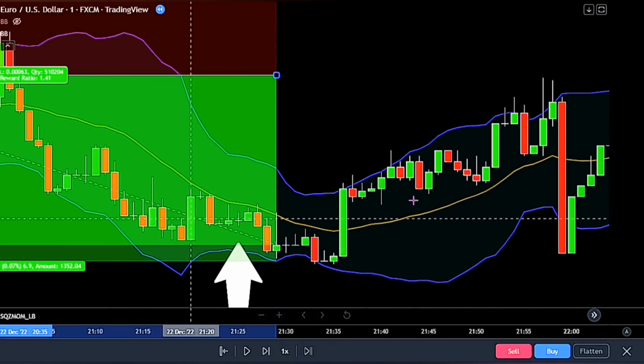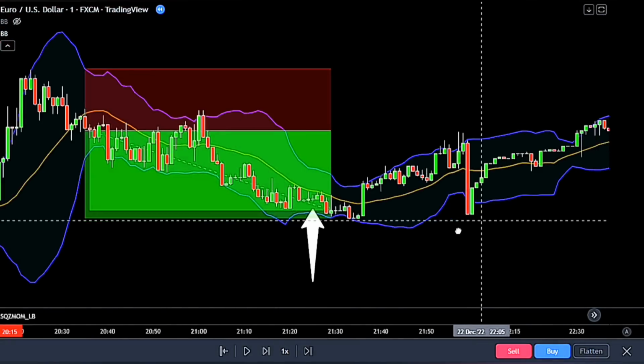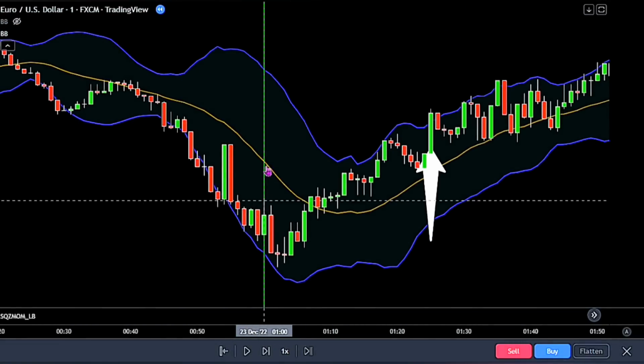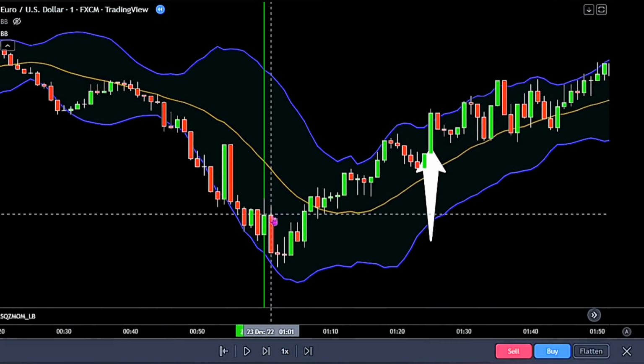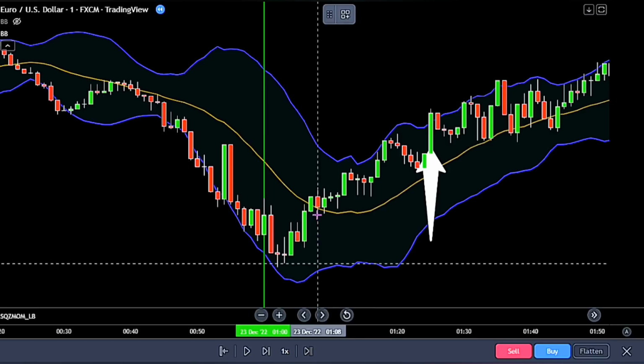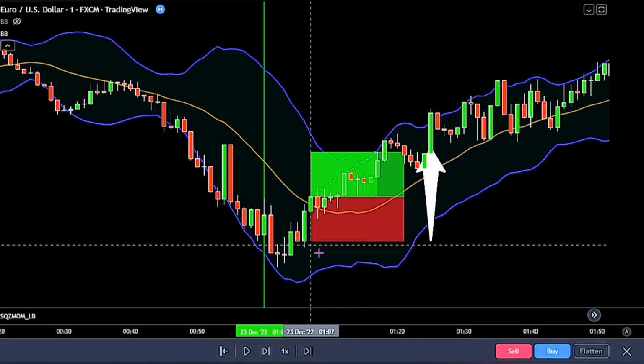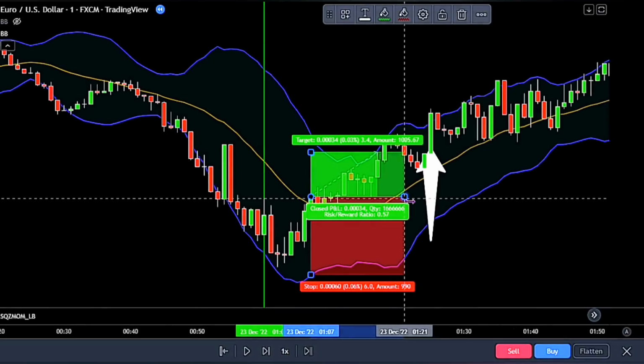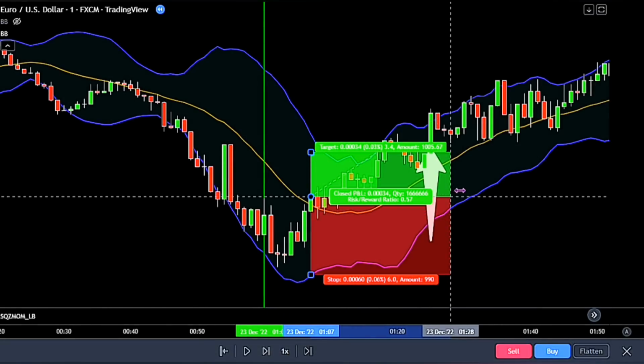Now same goes for other marked trades on the chart. And this next entry was supposed to be a long position. We got our entry here. Stop loss at the lower Bollinger Band. And we would have exited the trade at this point.